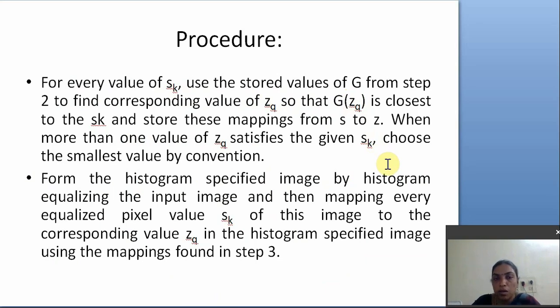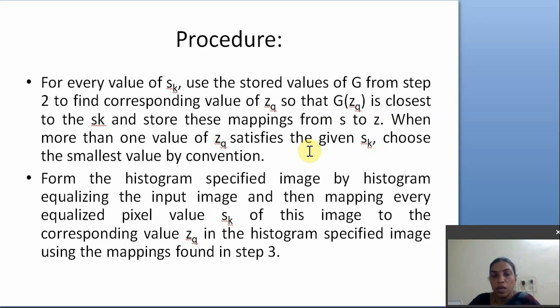So after getting the SK values and the G of ZQ values, from the G of ZQ find the corresponding ZQ values, and then map these two values, SK and ZQ.